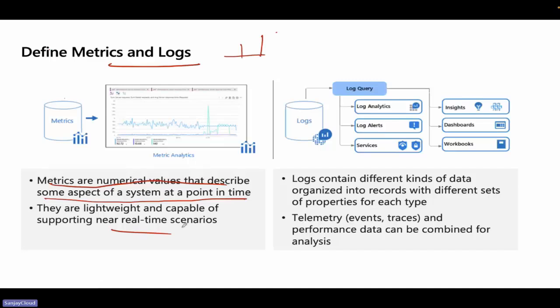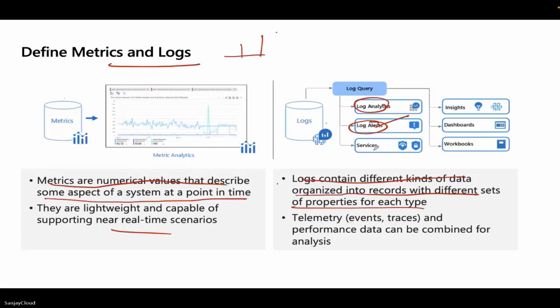Next, logs contain different kinds of data organized into records with different sets of properties for each type. We have Log Analytics, activity logs, diagnostic logs, and operating system logs, which we can enable and store, and we would be able to create alerts on logs as well as on metrics based on our requirements.